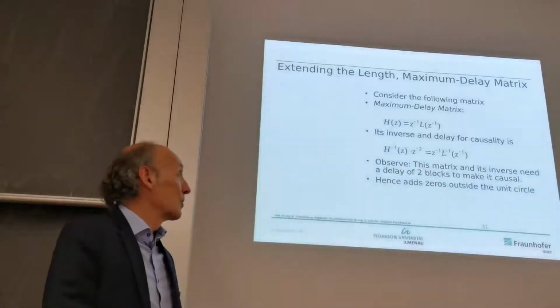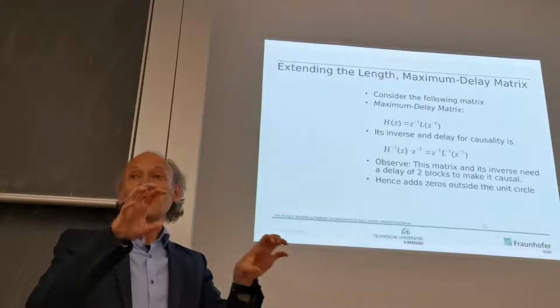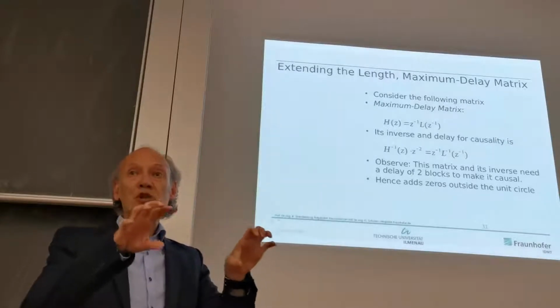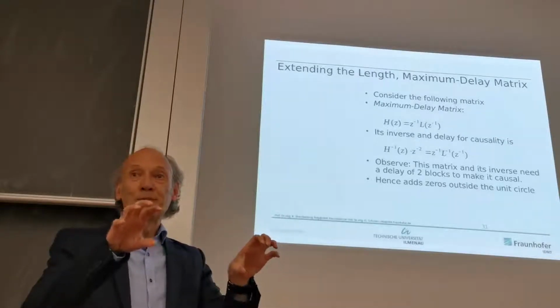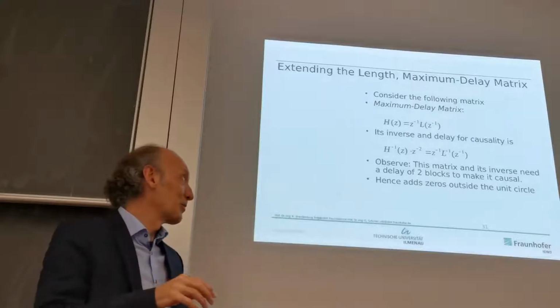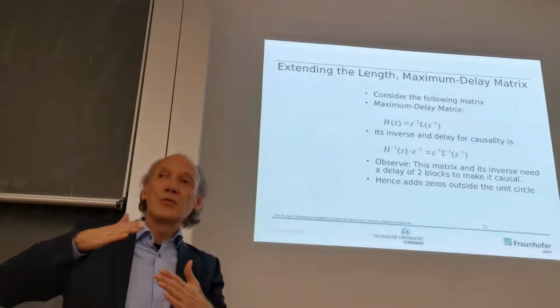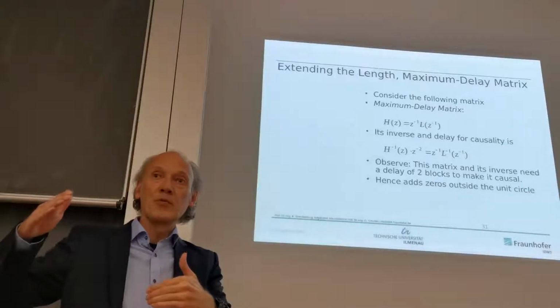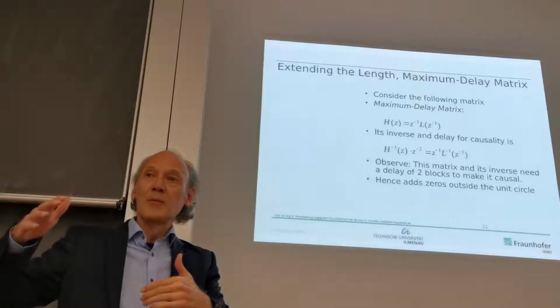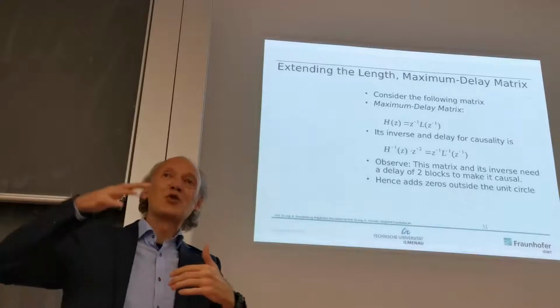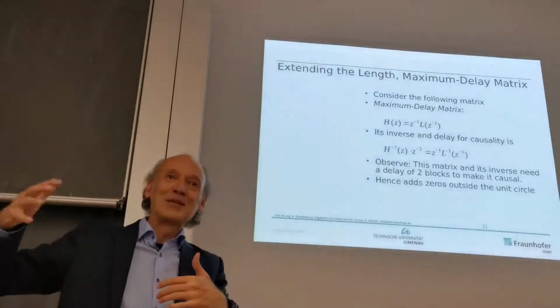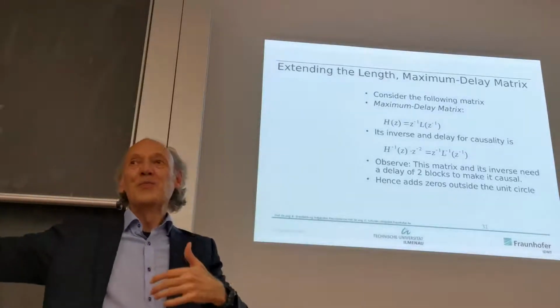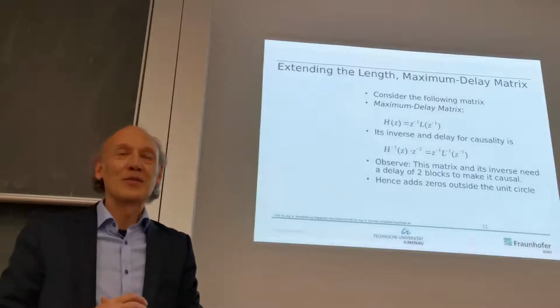So over analysis and synthesis we get 2 blocks additional delay to make it causal. So in effect we increase the length of the impulse response by 1 block of capital N samples, but we increase the delay by 2 blocks. So we increase the system delay even more than we extend the filter length.